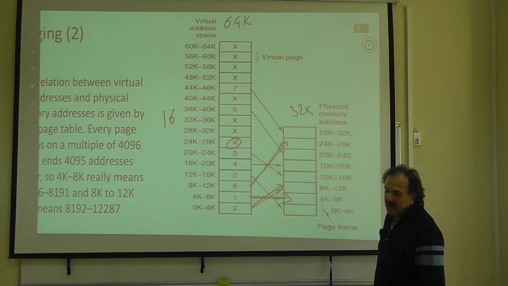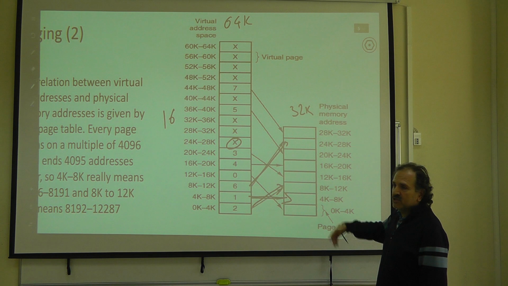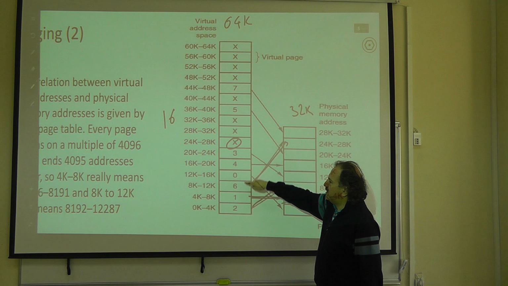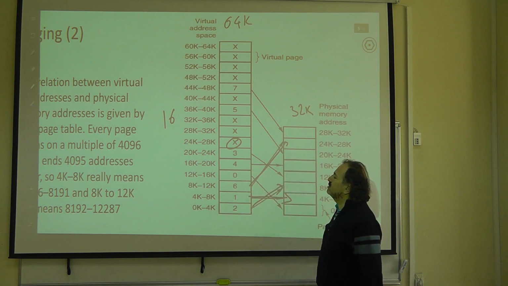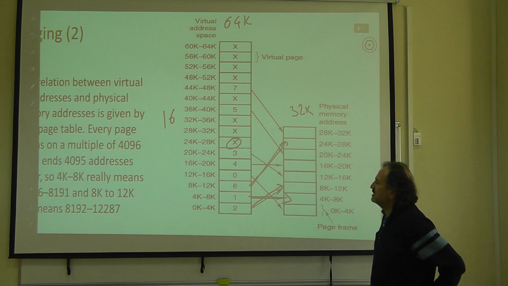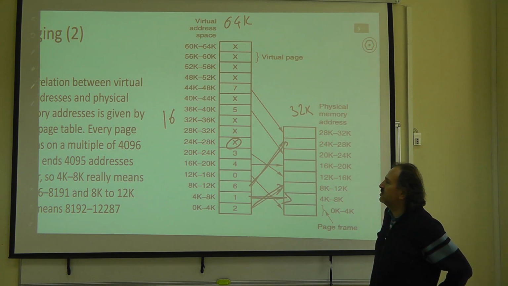With this technique called paging, I can have much larger programs than my physical memory allows, which is a very, very big advantage. The other advantage is that each process would have its own pages, and as you see, these pages don't have to be in order. They can change their order. It doesn't matter where my program is. It doesn't have to be contiguous. So memory allocation is much easier.